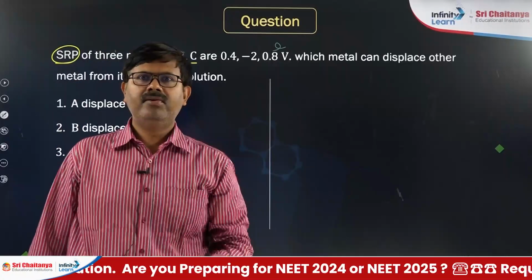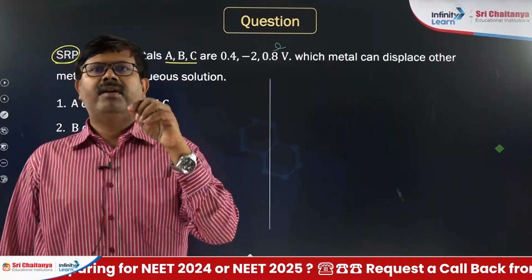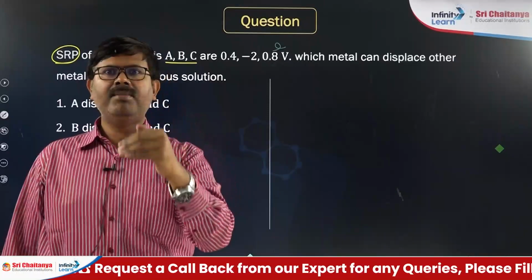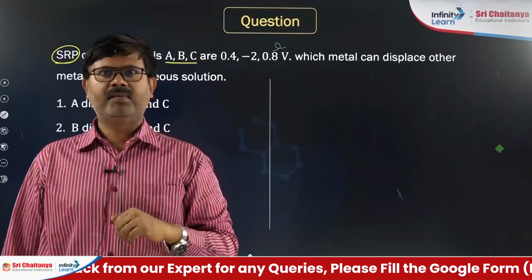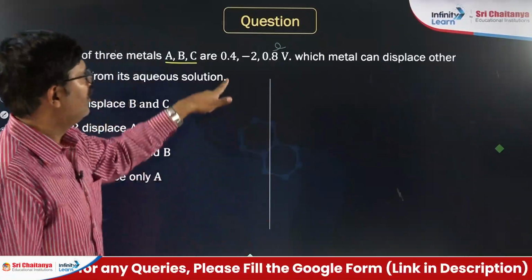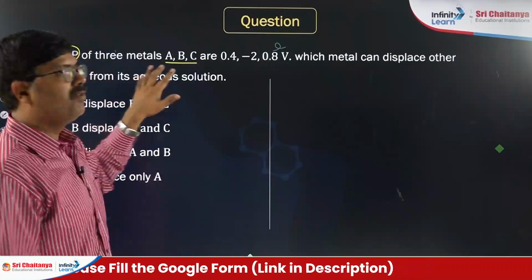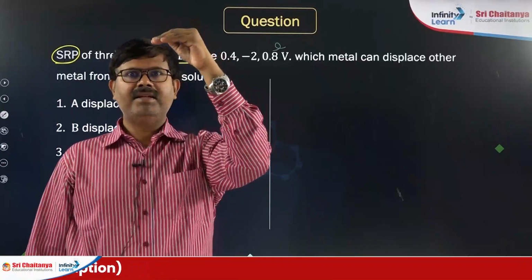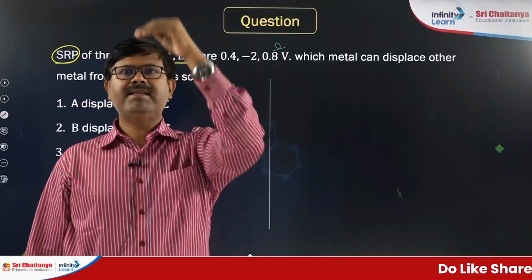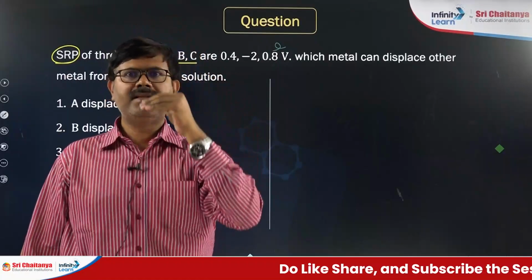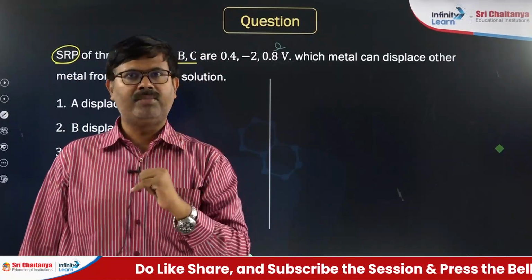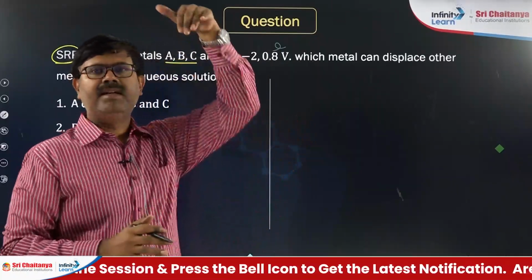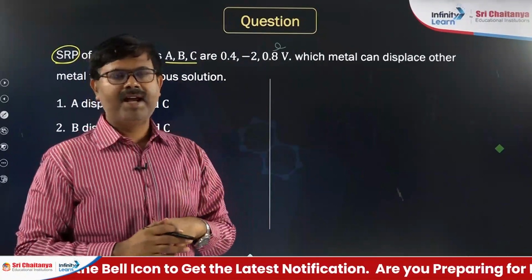So, we already know that an upper metal can displace the lower metal from its salt. So, which metal can displace another metal from its aqueous solution? The metal which is above in the reactivity series, meaning the metal which has less reduction potential, can displace the metal which has more reduction potential. Suppose, look here, first let's arrange these three metals in the increasing order of reduction potential.